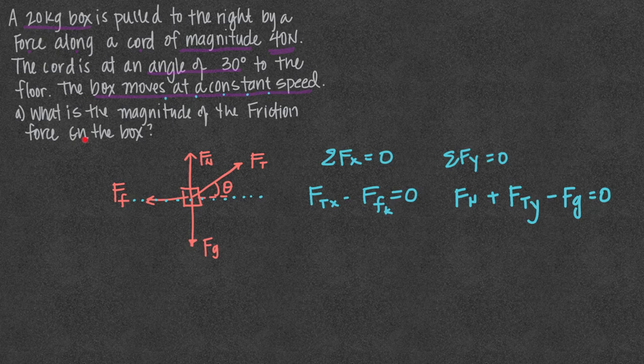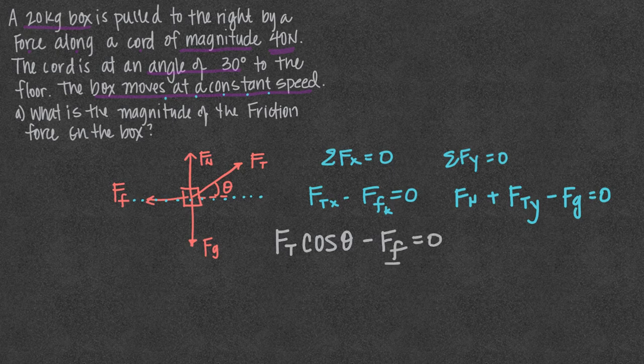My question asks me to find the magnitude of the friction on the box. Well, here is the friction. So in order for me to determine this friction force, I'll need to determine what the tension in the x direction would be. So if I go back to how we have defined the tension in the x direction as being Ft times the cosine of the angle, I can make that substitution into my equation.